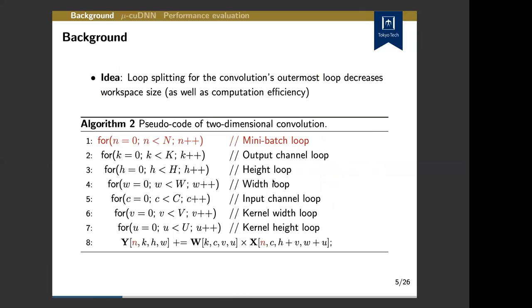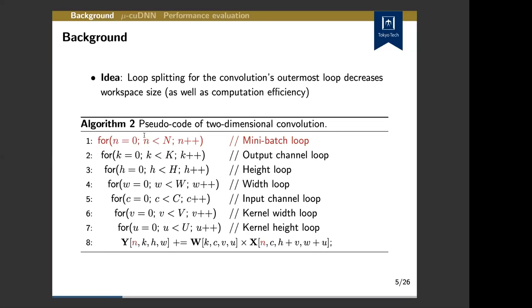So we found a solution to mitigate this large workspace and to use faster convolution algorithms with a limited amount of workspace. This is the pseudocode of the convolution, and you can see that the last line, line 8, the multiply and add line, does not have dependency between itself on different n, which is the iterator of the outermost loop.